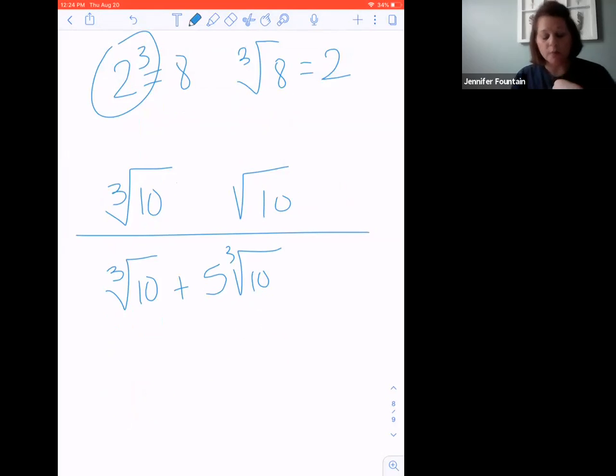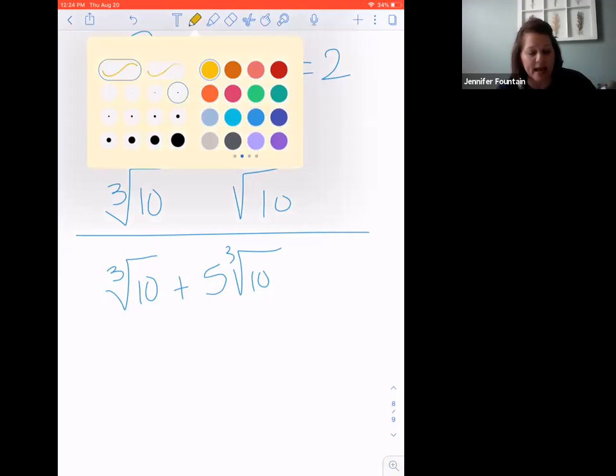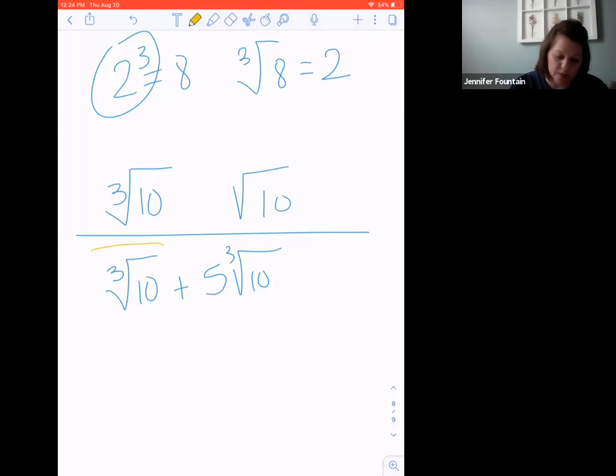Okay. So remember we said that if we are adding or subtracting radicals, the index and the radicand have to be the same. With this one, my index is 3, and my radicand is 10. On this one, my index is 3, my radicand is 10.